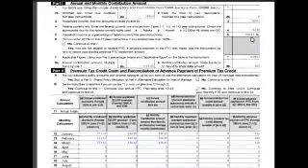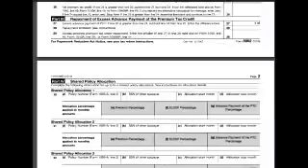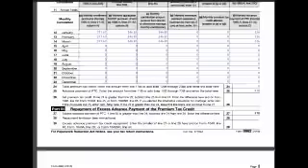Remember the percentage that we had online? The percentage that we had online is 290.93%.